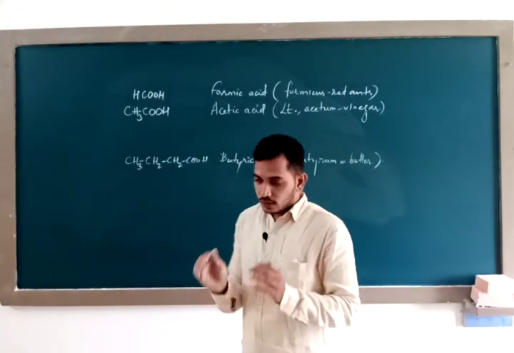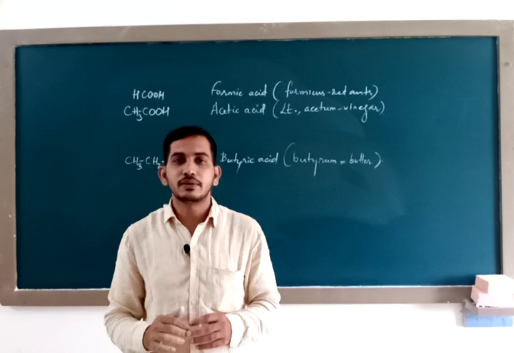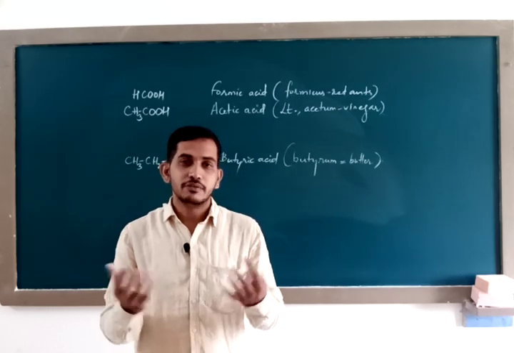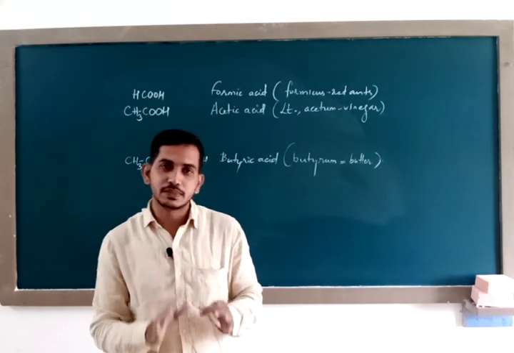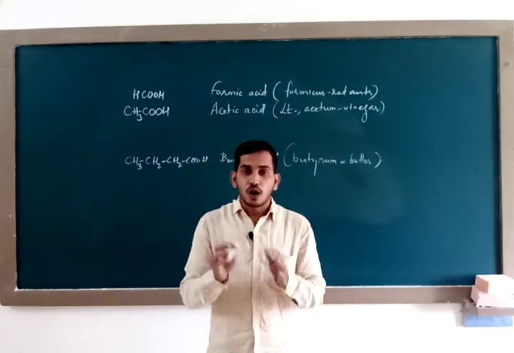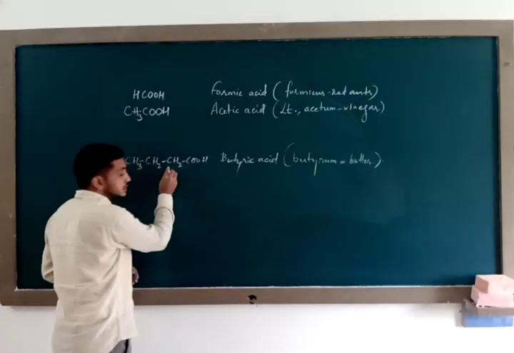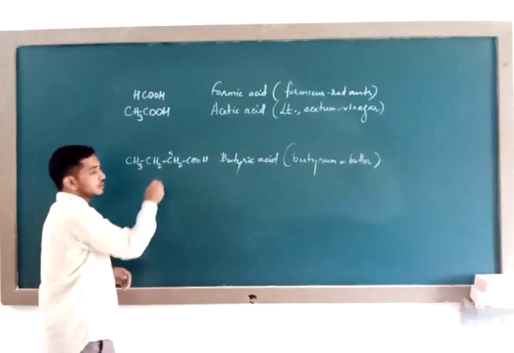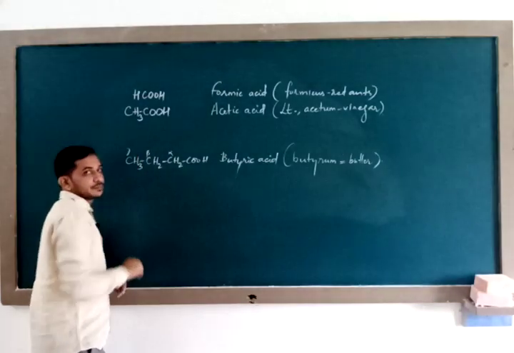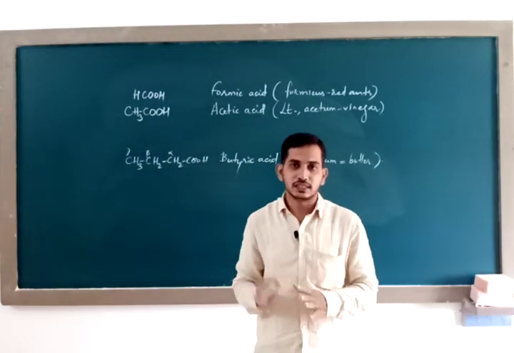So the names of few carboxylic acids are derived from their sources, from where they are obtained. Also, in carboxylic acids common naming system, the carboxyl group's adjacent carbon is labeled as alpha, next beta and then gamma. You need to remember this when there are more number of carbon atoms in the chain.